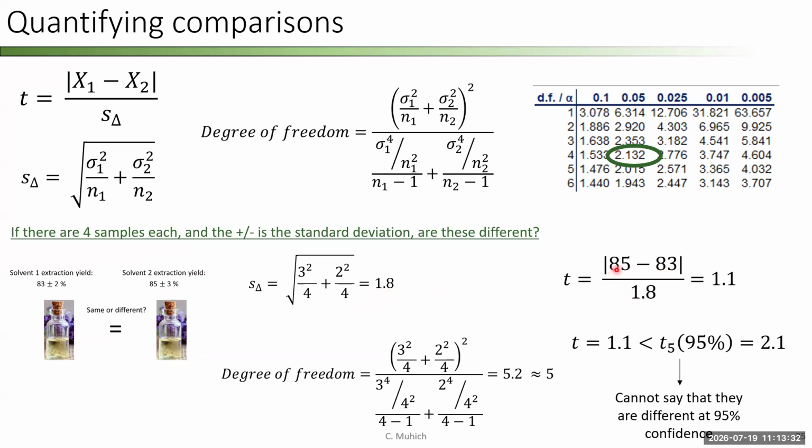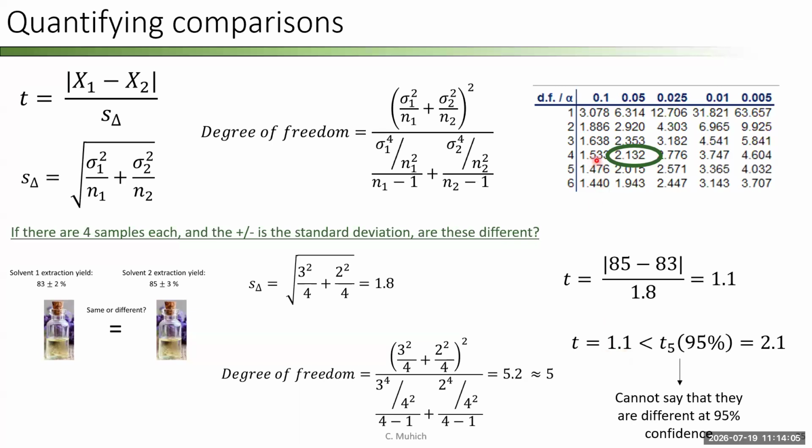So we have 85 minus 83, so our t-value is only 1.1. Much lower t-value. If we go across this chart, we can say at the 95% confidence level, the t-value is 2.015, which is larger than the 1.1. Therefore, we cannot say they're different.